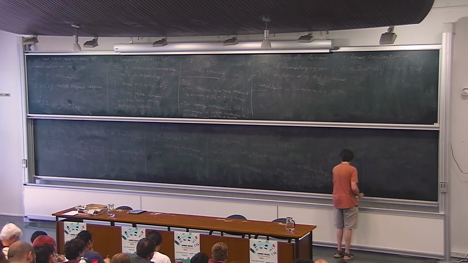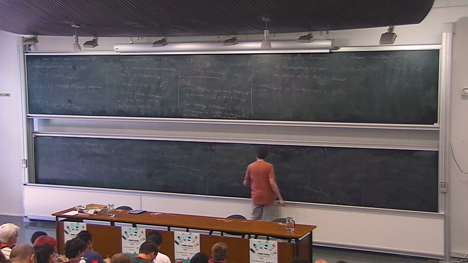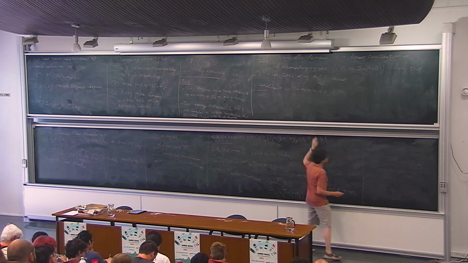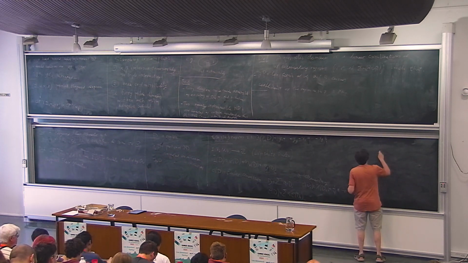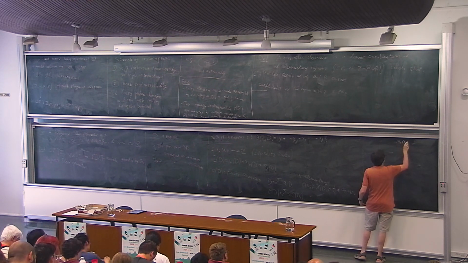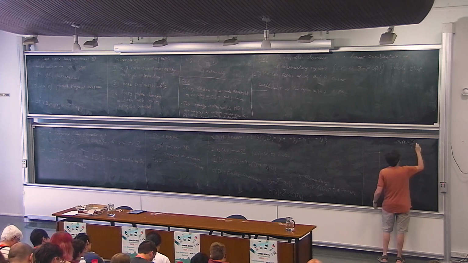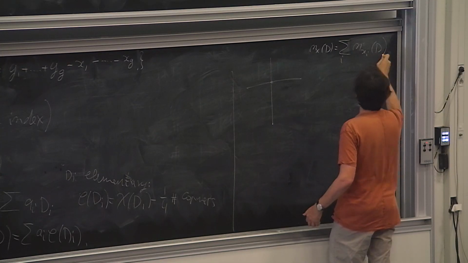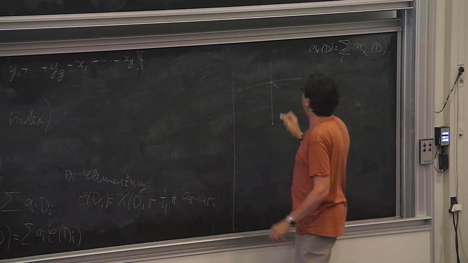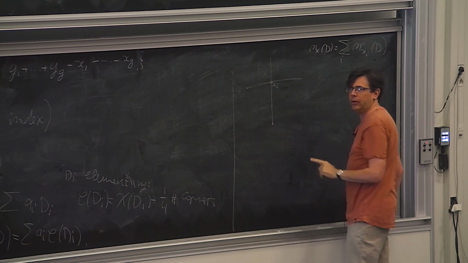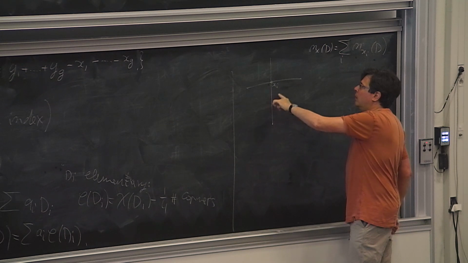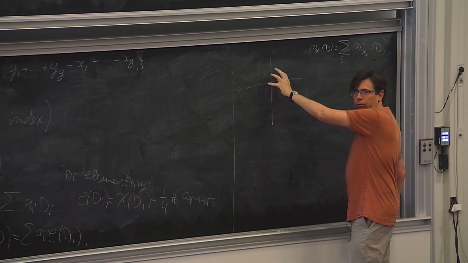nx or nz are defined in an equivalent way, so I will only define nx. nx of d will be the sum over i of nxi of d. So I should tell you what it is. You have xi, which will be an intersection of an alpha and a beta curve, and you will divide locally the surface in 4 regions.